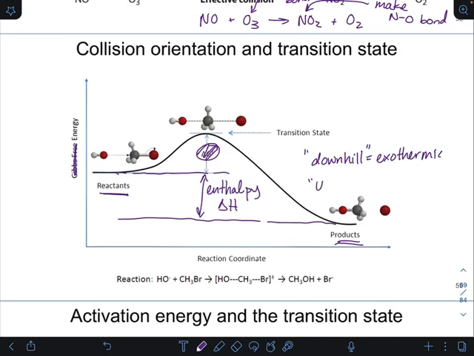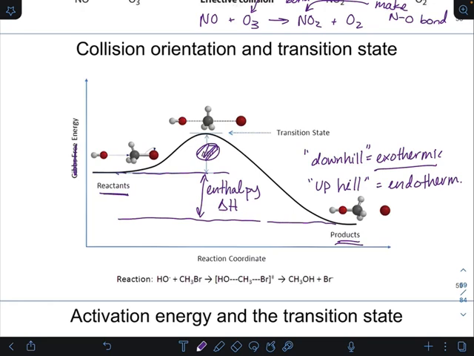And if it goes uphill, it's endothermic. And that's because exothermic reactions are releasing heat, and we see that by the products being lower in energy than the reactants, because the reactants have released heat, they have released energy, they have lost energy.